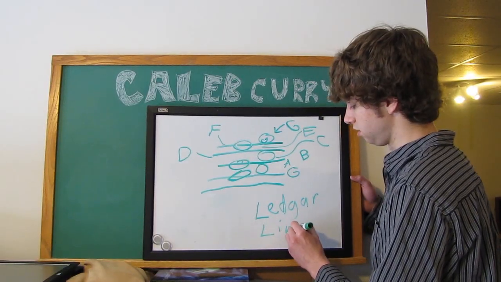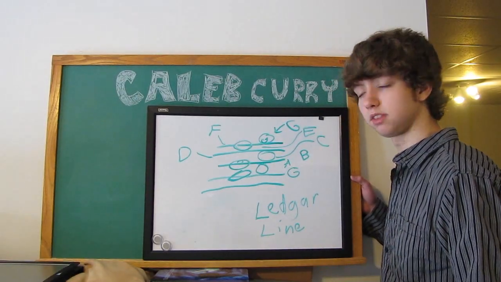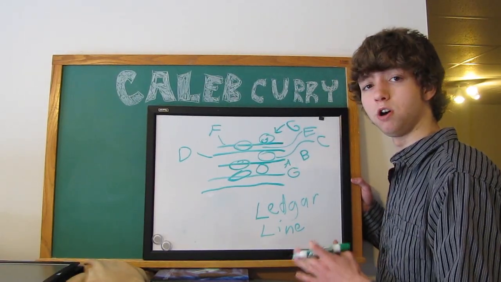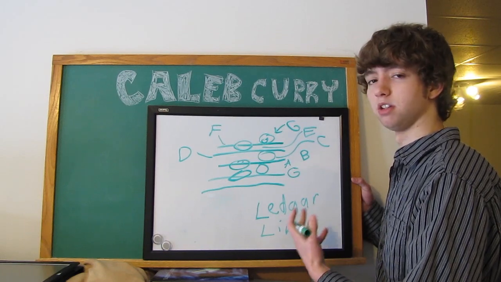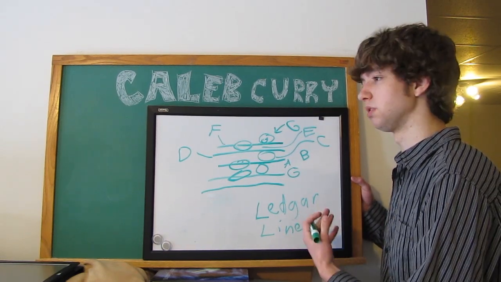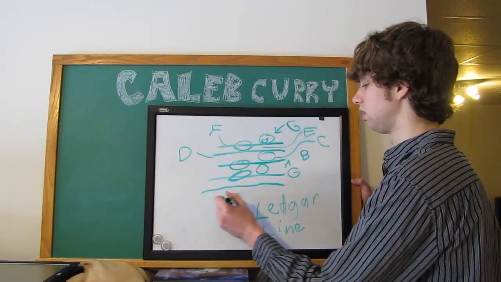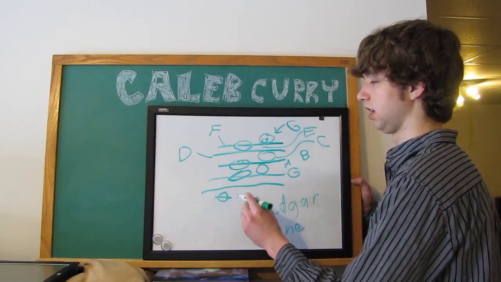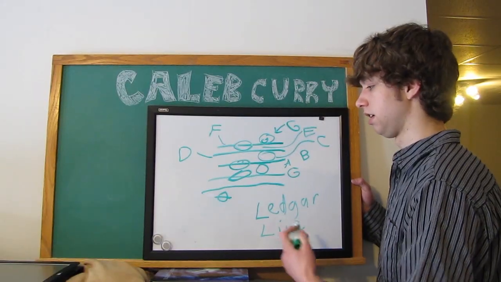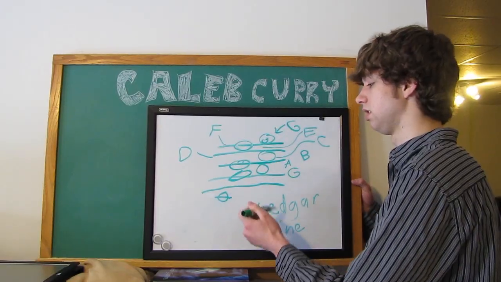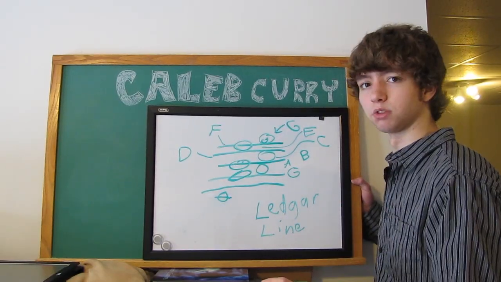It's important you familiarize yourself with these terms I'm giving you, although it doesn't really matter that you know them as long as you know how to use them. For example, you can know that this is a ledger line and not really know it's a ledger line. As long as you know this represents a C and it's above or below the staff, that's all that really matters.